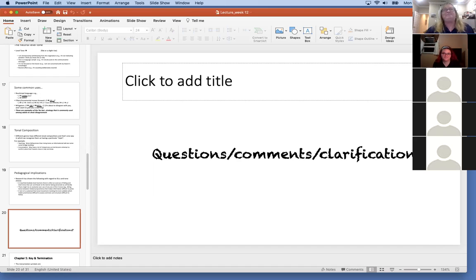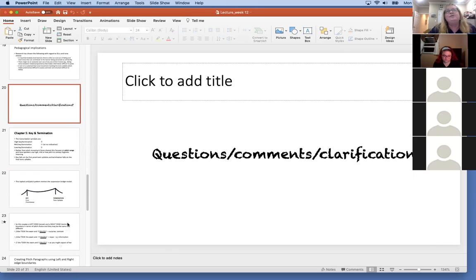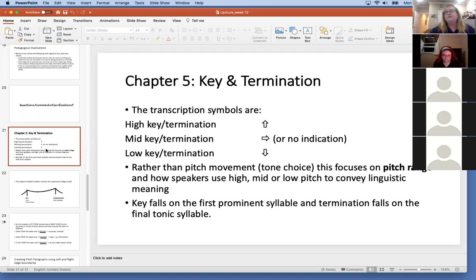Okay. All right. Let's shift then to chapter 5. So chapter 5 is about key and termination. Instead of pitch movement, instead of rise, falling, or level, this has to do with high, mid, or low.